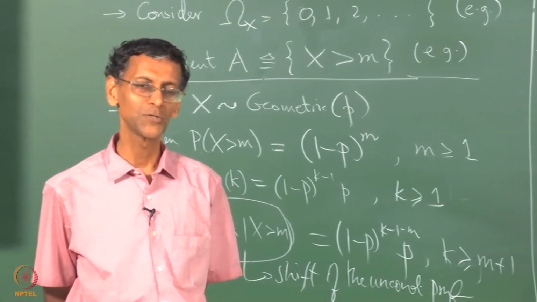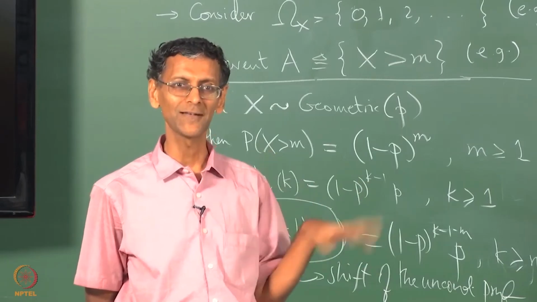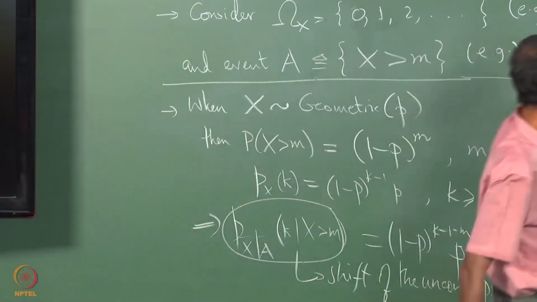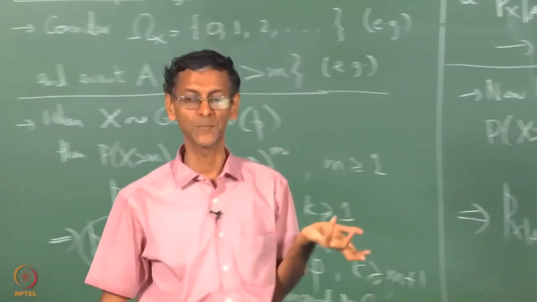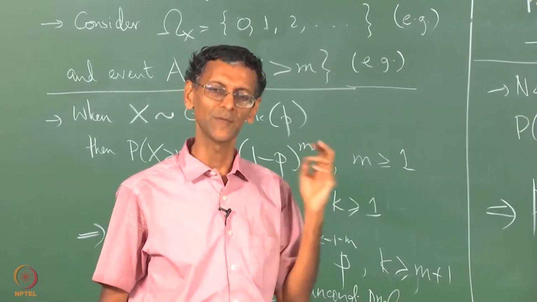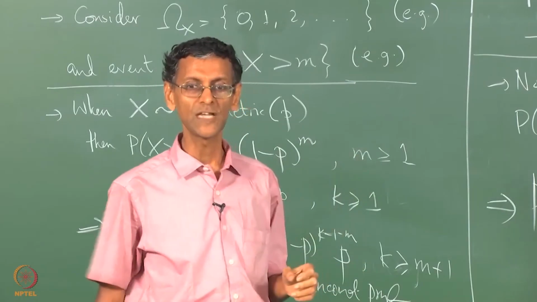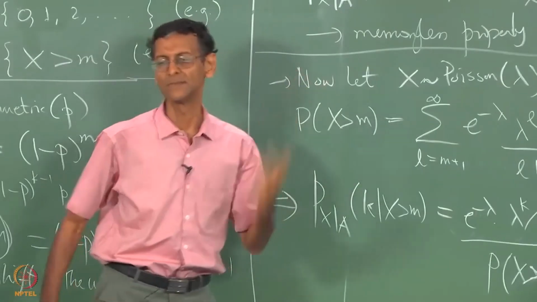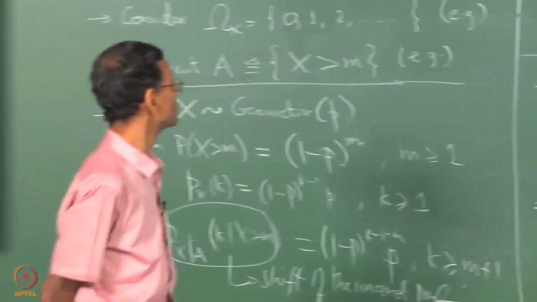So, the head of the geometric distribution is like the lizard's tail. You cut it off, it regrows. This says that there is nothing special about the head of the geometric distribution. You can recover whatever it is from the remaining bits of the sequence. For the Poisson, that is not possible. Here again you do the same thing, it completely changes.